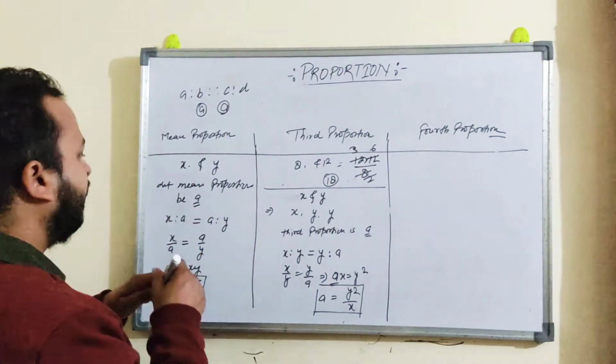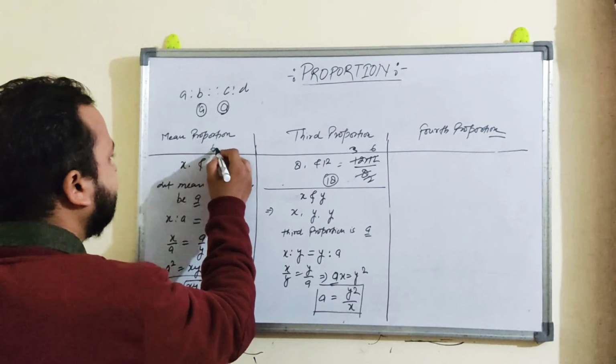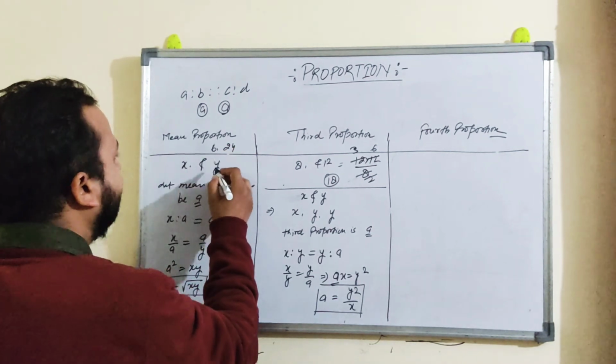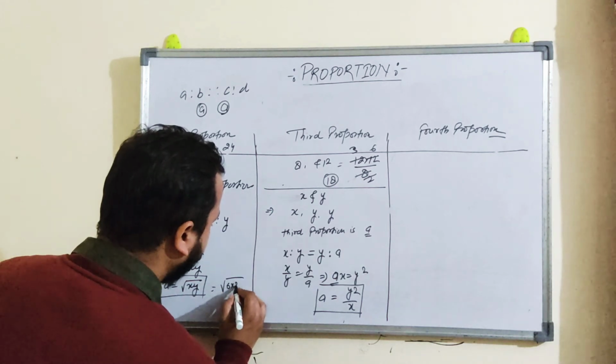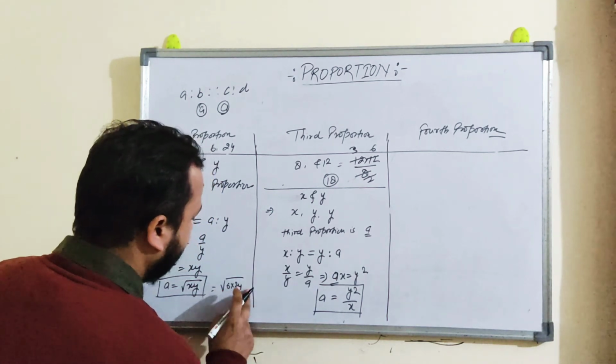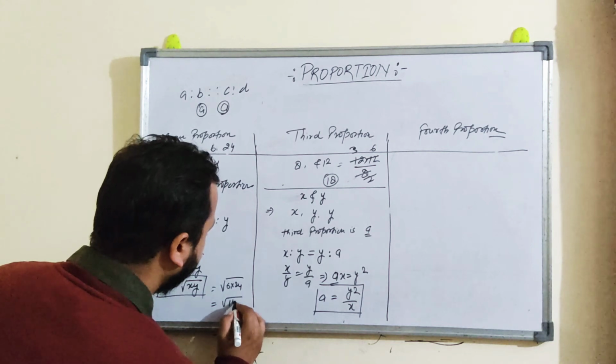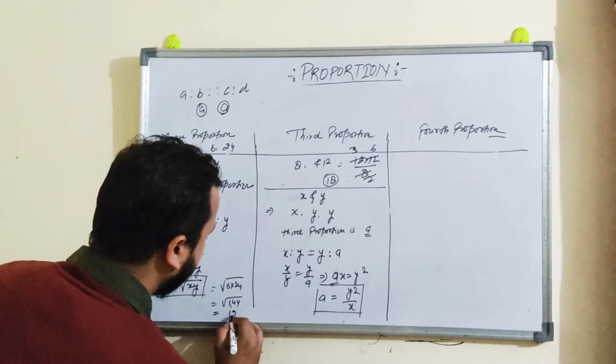And in the same way, take the example of 6 and 24. You can simply take 6 and 24, 6 times 24 is 144, and the square root of it is 12. So 12 is the answer.